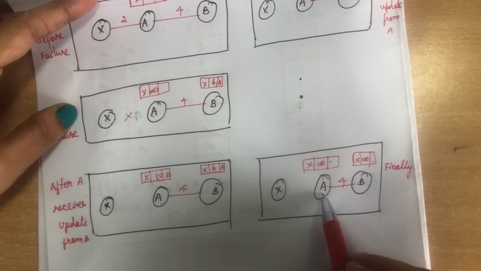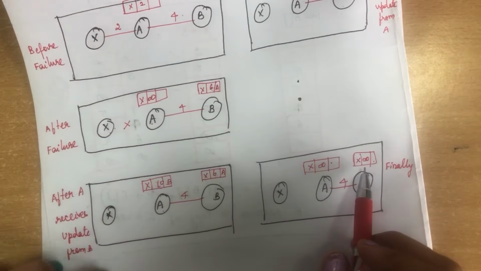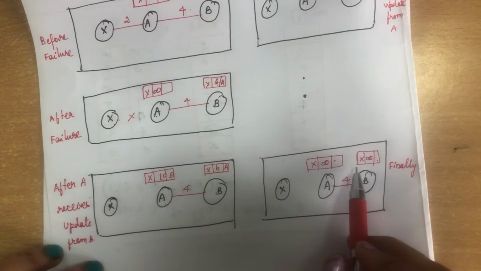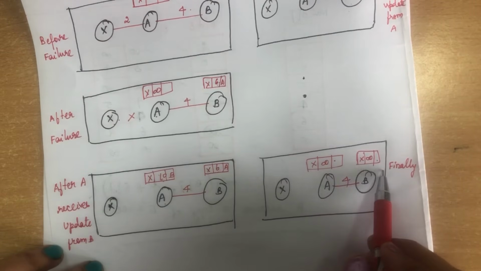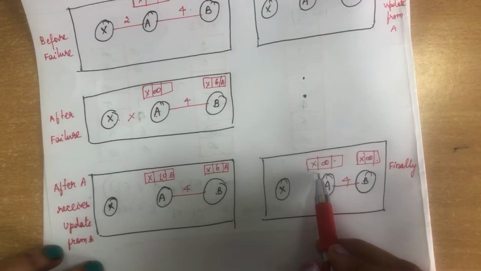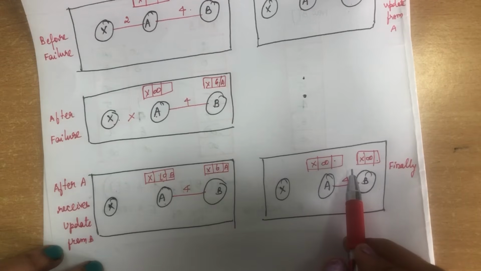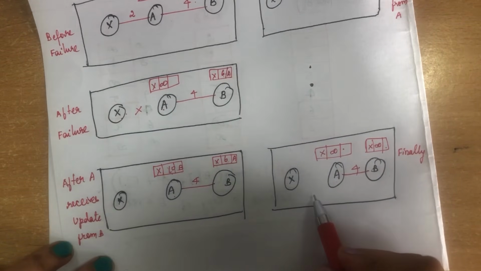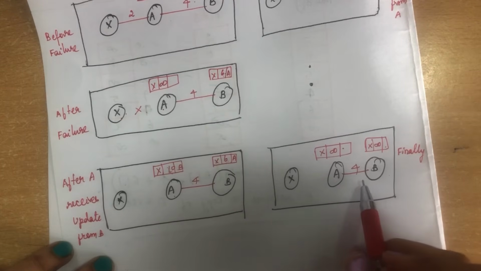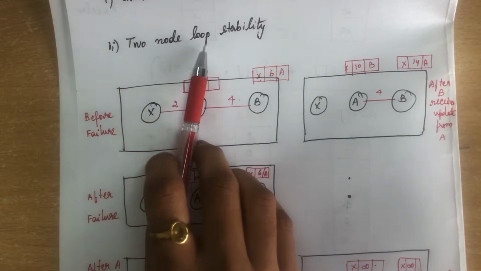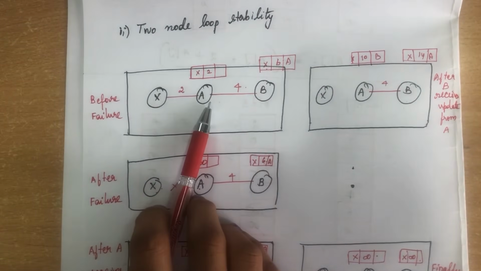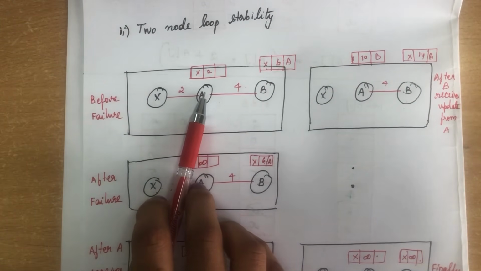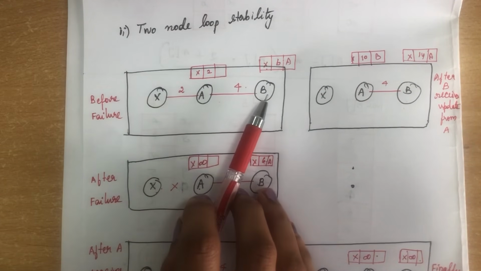At last both the values reach infinity. Here the packets bounce between a and b, creating what is called the two node loop problem. If a had sent this information to b immediately, everything would have been fine.